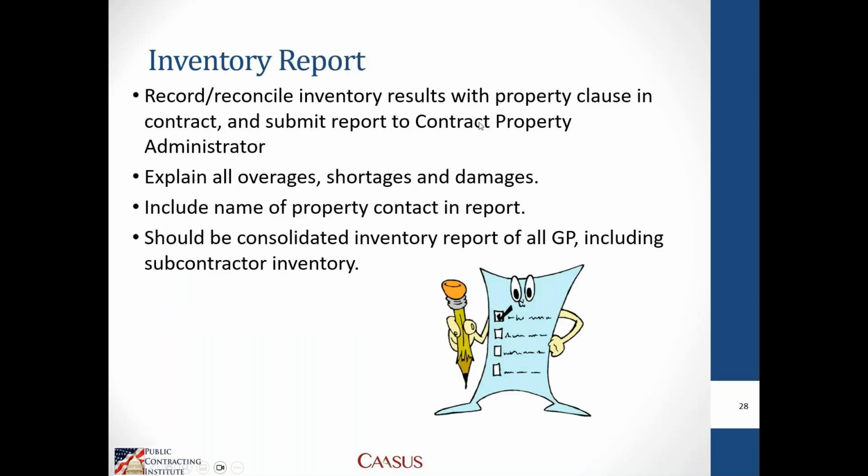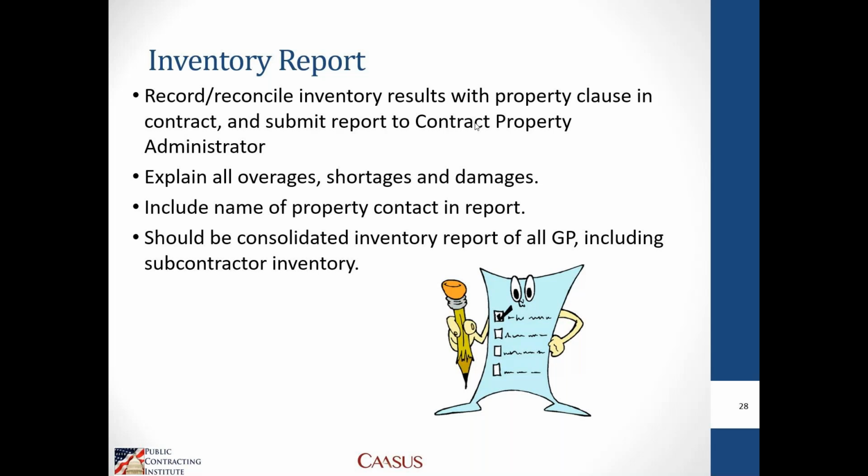And then finally, your inventory report. This is where you let the government know you did your inventory. After contract close, you would always have to do an inventory. We'll talk about that. But you'll record or reconcile any discrepancies, identify any overages or shortages or anything that's been lost, damaged, destroyed, or missing.